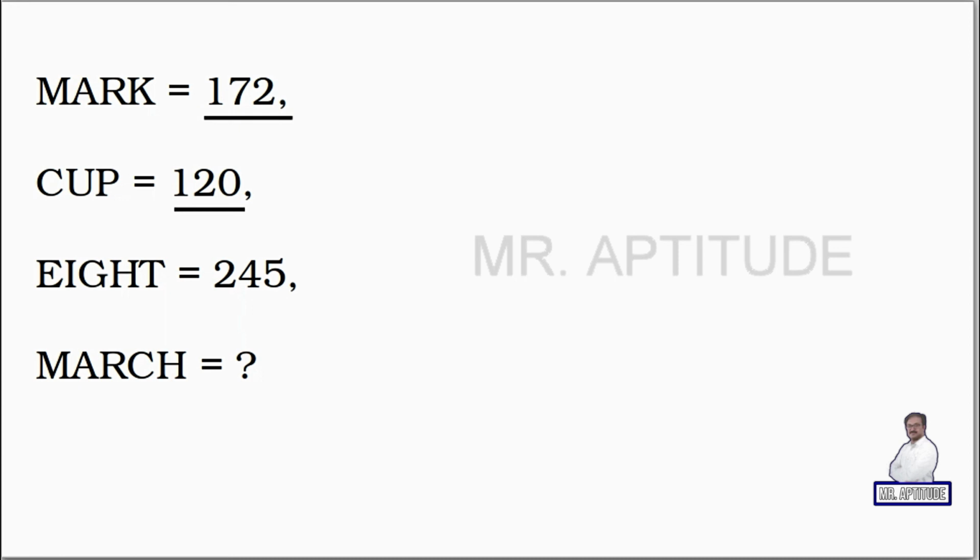If you observe, number of letters present in the word mark, 4. Is 172 a multiple of 4? Yes. Number of letters present in the word cup, 3. Is 120 a multiple of 3? Yes. Number of letters present in the third word, 5. Is 245 a multiple of 5? Yes.